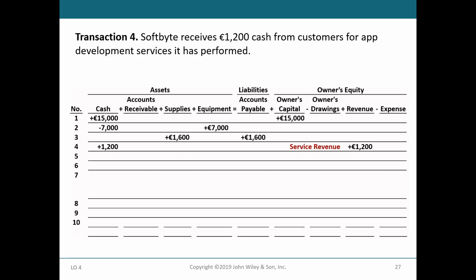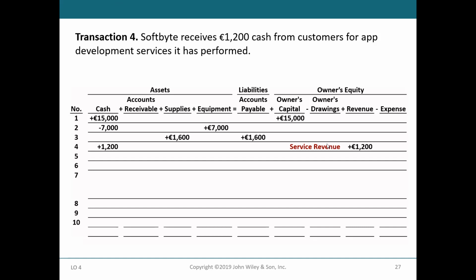SoftBite received 1,200 cash from a customer for apps development services it has performed. So the company received the money from the customer, and our cash increased by 1,200, and service revenue also increased by 1,200.